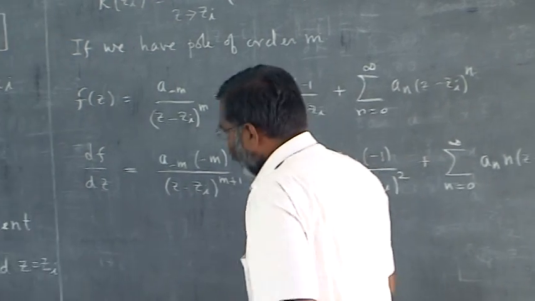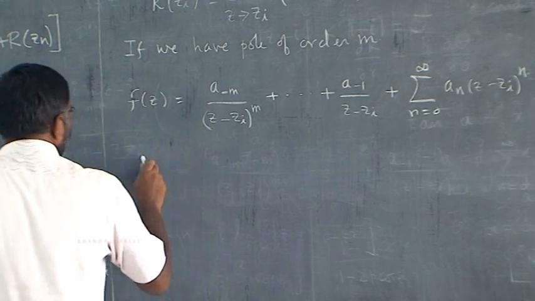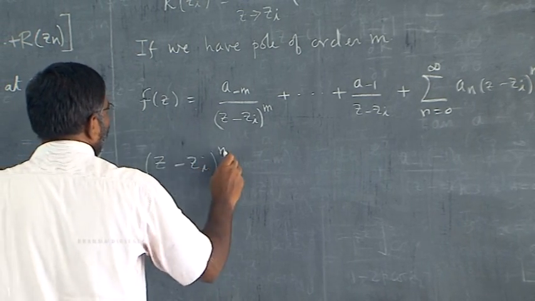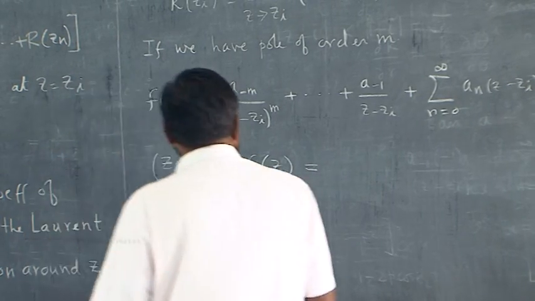Okay, so let me put it this way. First let me multiply f of z with z minus zi to the power m. What will I have?